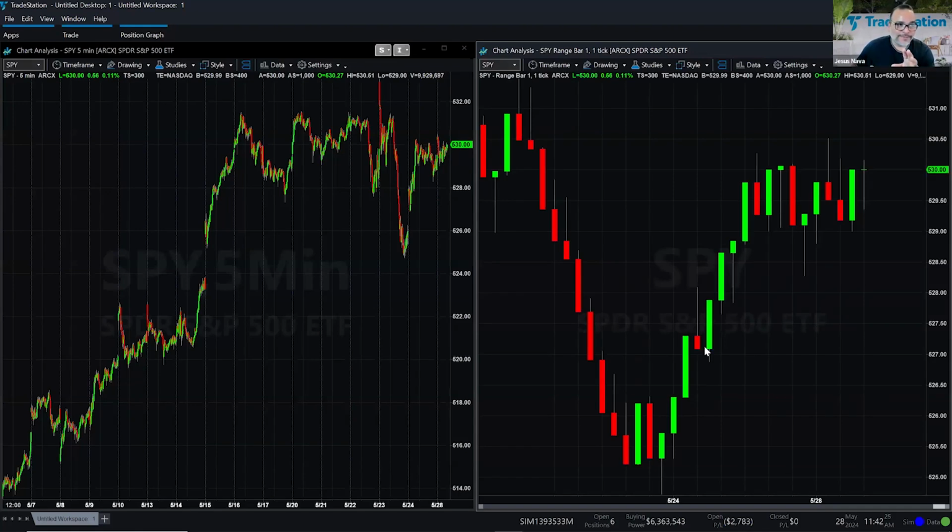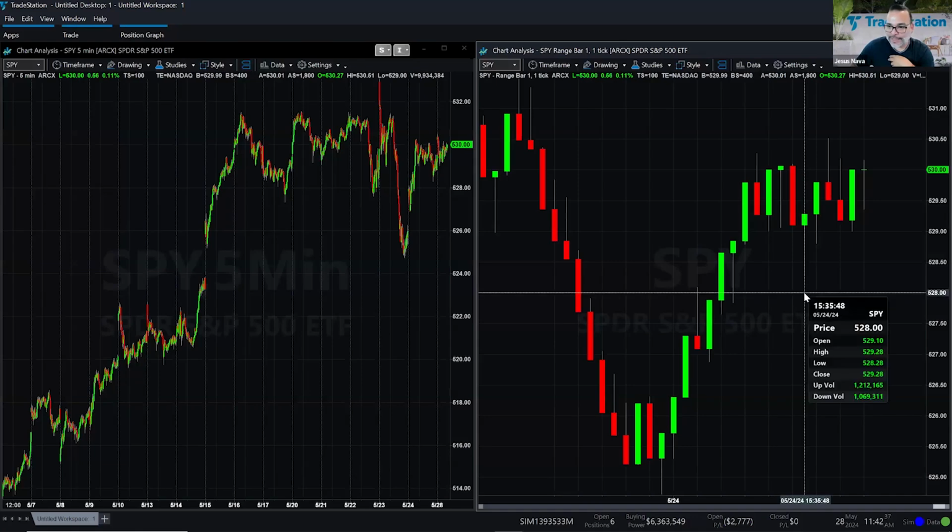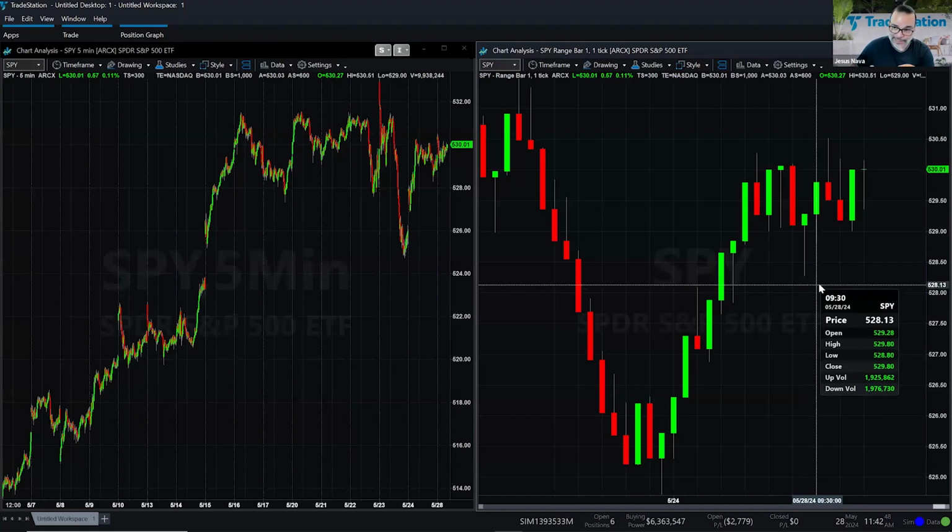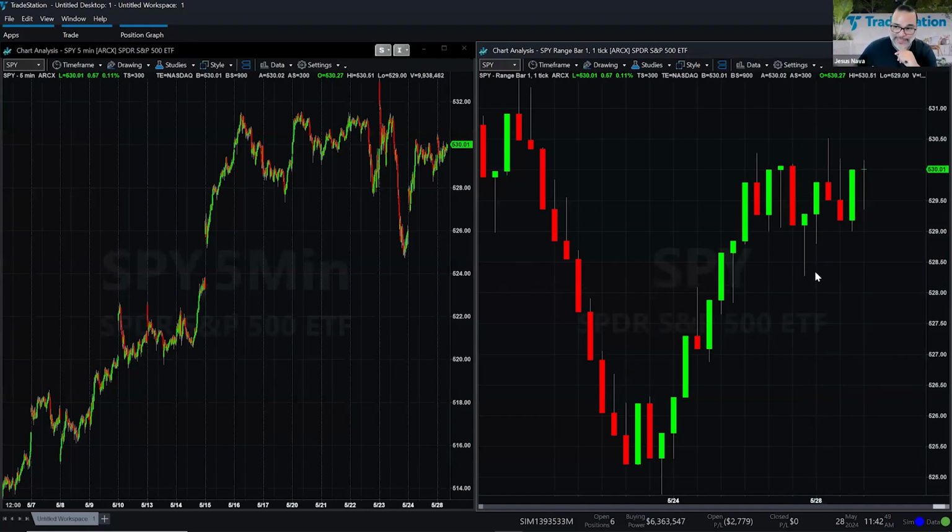On a range bar, the difference between the high and the low on every single candle is going to be 1 point, because that's what we set it to. Let's grab this candle with a big tail. If I click it, you can see how the high is 529.28 and the low is 528.28. Exactly 1 point. And if you go candle to candle, you're going to get exactly that difference.